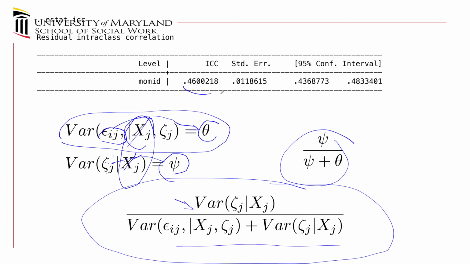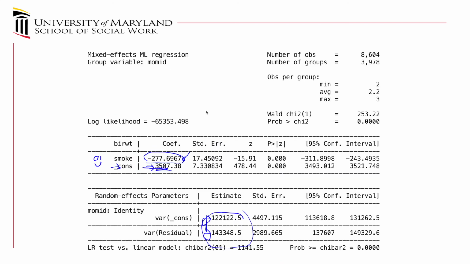So you'll notice that the interclass correlation in the raw model was 0.48 or 0.49, somewhere in there. And now it's 0.46. So it's gone down. The proportion of variance attributable to mothers has gone down, in part, and not surprisingly, because we've captured some of that variance in the form of smoking. We've modeled some of that variance directly with a fixed effect. And so it's come out of the variability that remains, that is accounted for by our random effects models, by our variance components.